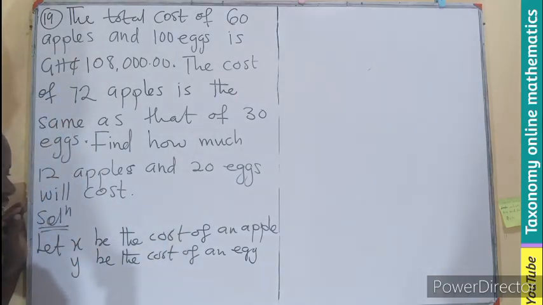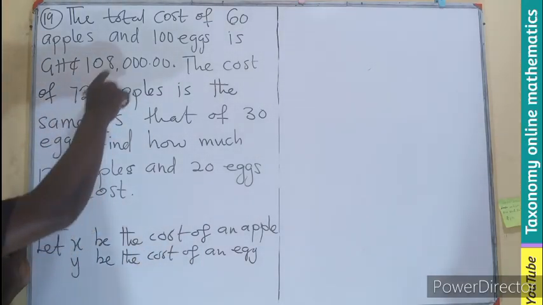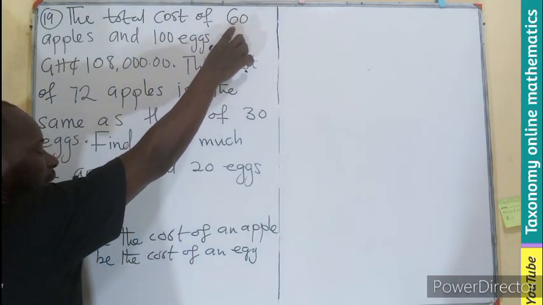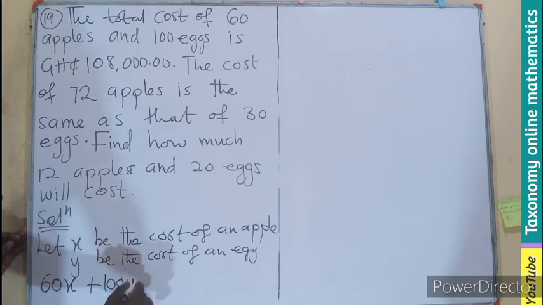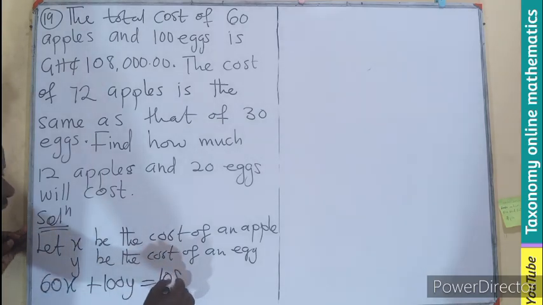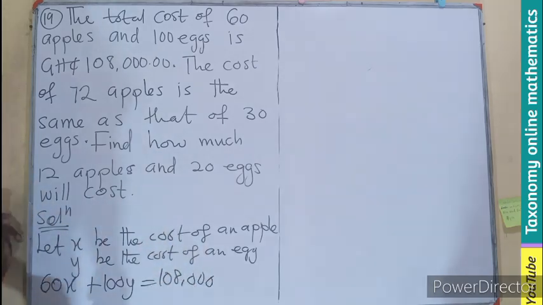So if that's the case, then 60 of the x, meaning 60x, plus 100 of the y, should be giving us 108,000 cedis.